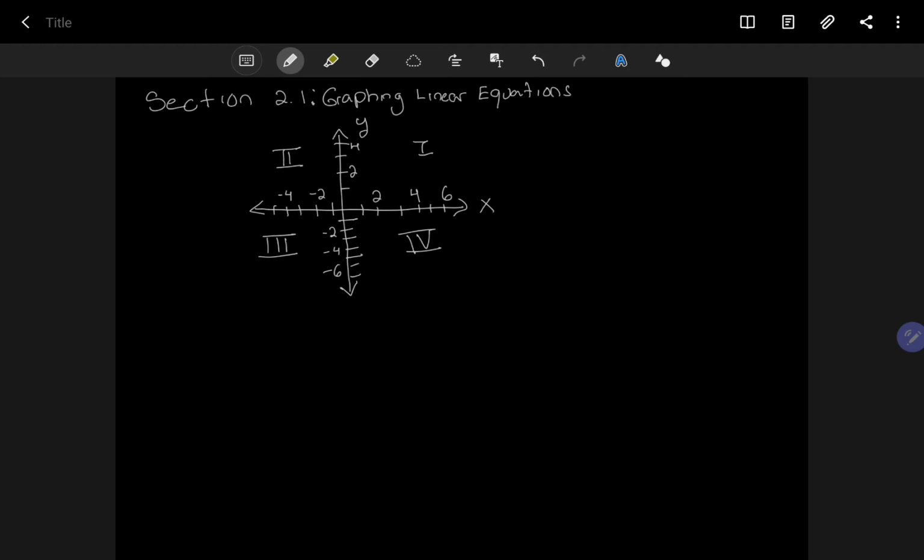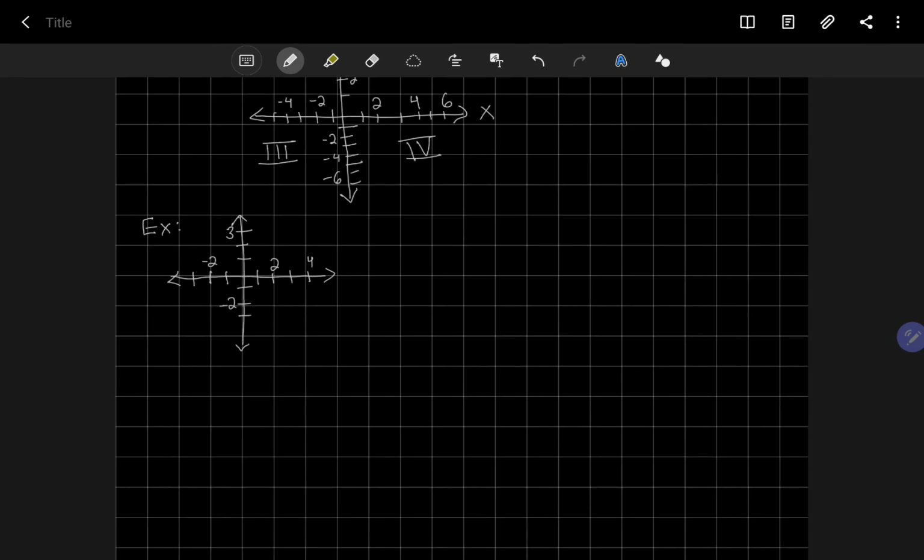So let's look at the following example. Imagine that we get something like this. I'm drawing something, and let's say we have a point right here, and another point somewhere over here.